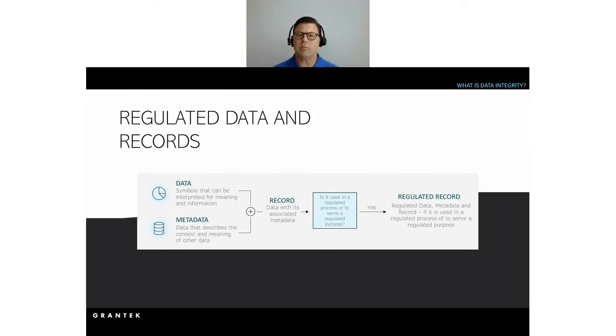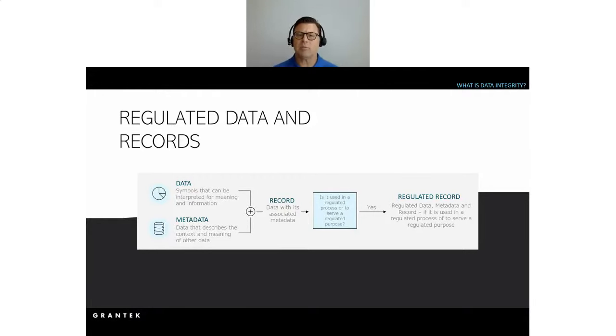Then we have all the metadata associated to that, which gives that raw data more context and meaning. For example, what time the reading was taken, who in the quality lab ran the test, what production order we were filling with this run, that type of thing. A piece of data and its related metadata is referred to as a record.